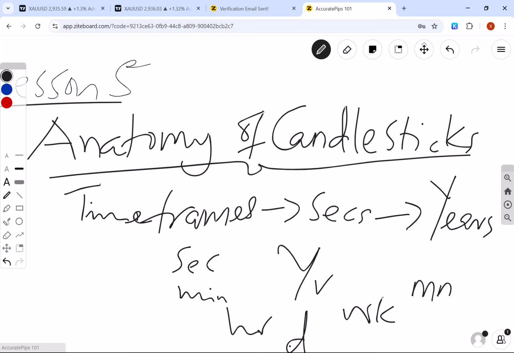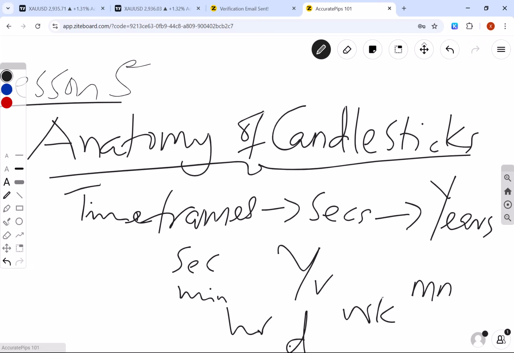So different time frames. All right. So these candlesticks represent times. We use it to represent times on the price chart. So I think the next lesson we'll be looking at the different types of charts we have in the forex market, that we use in doing our daily analysis.